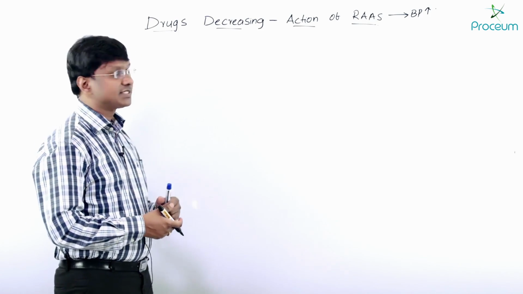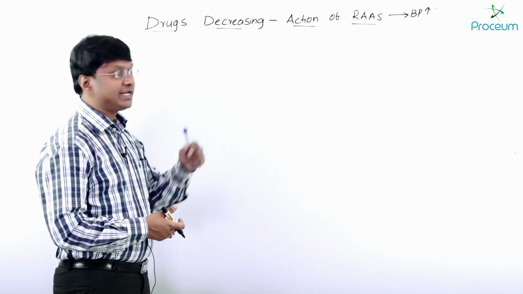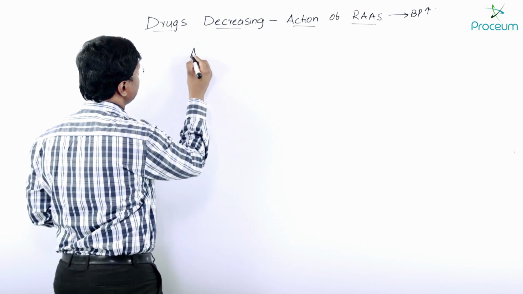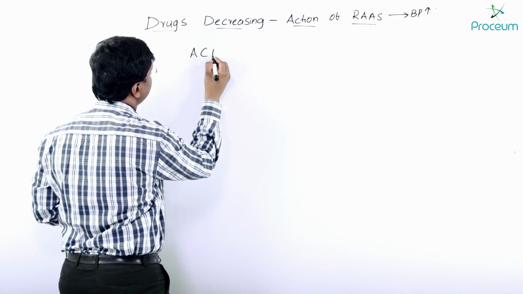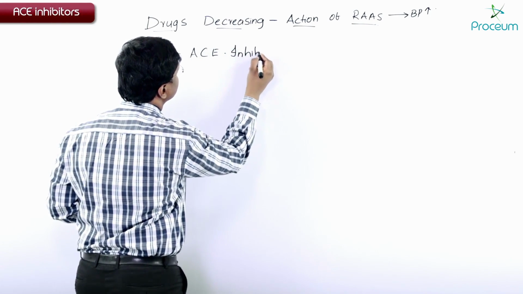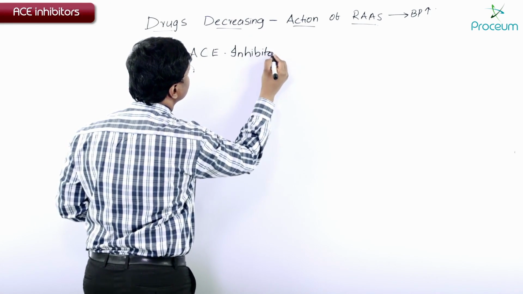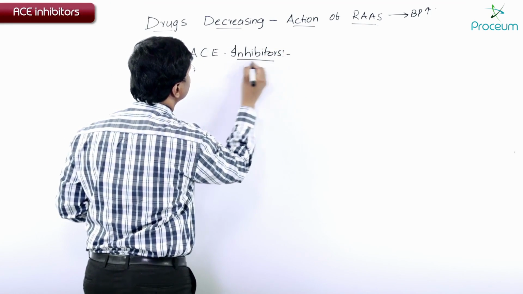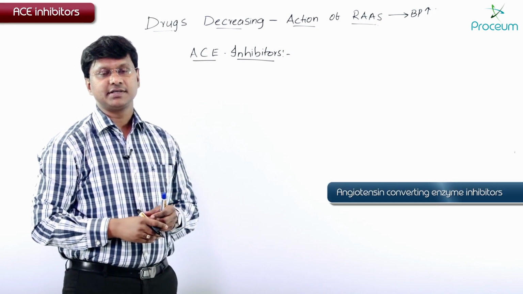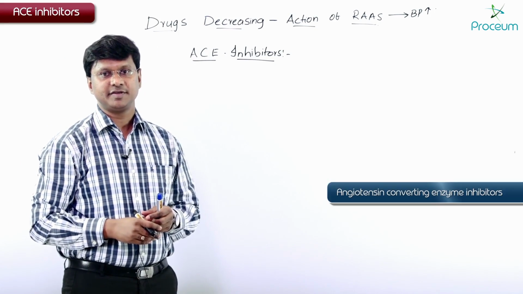Now let me discuss another group of drugs which will antagonize the RAAS pathway. The other group of drugs which will antagonize the RAAS pathway is ACE inhibitors. These ACE inhibitors are nothing but the angiotensin-converting enzyme inhibitors.